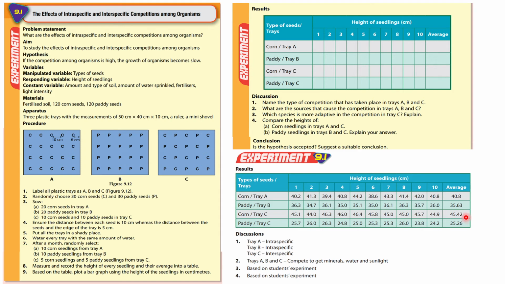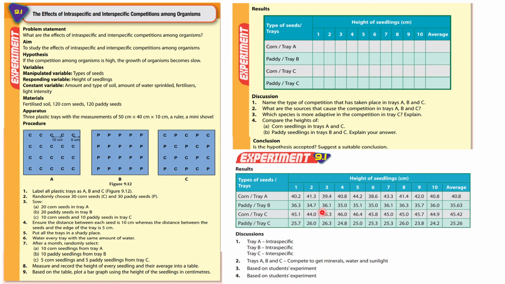So that's why you can see that the height of seedlings for corn in tray C is greater than the corn in tray A.